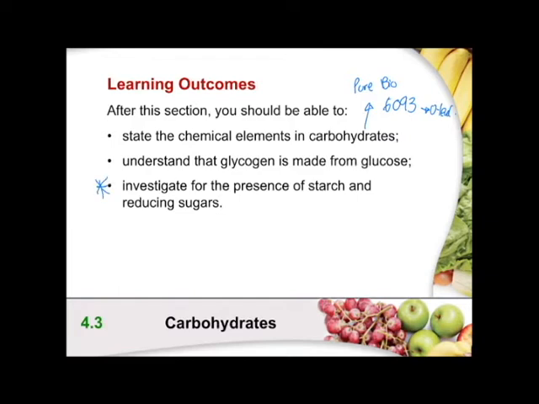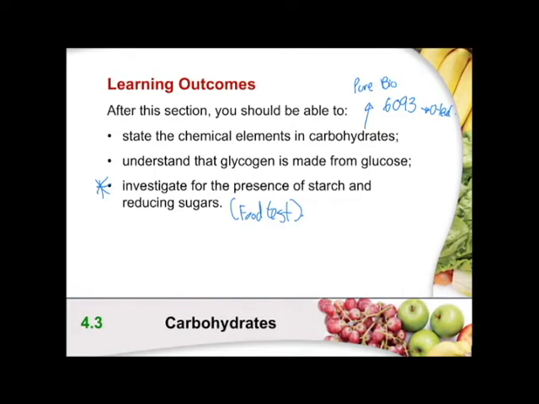Next is to understand that glycogen is actually made from glucose as well. Investigate. So this is important. Investigate for the present means you must remember the food test. Now, in practical, for science bio O level, they do give quite detailed steps. But at the same time, there are some common steps that you need to know.